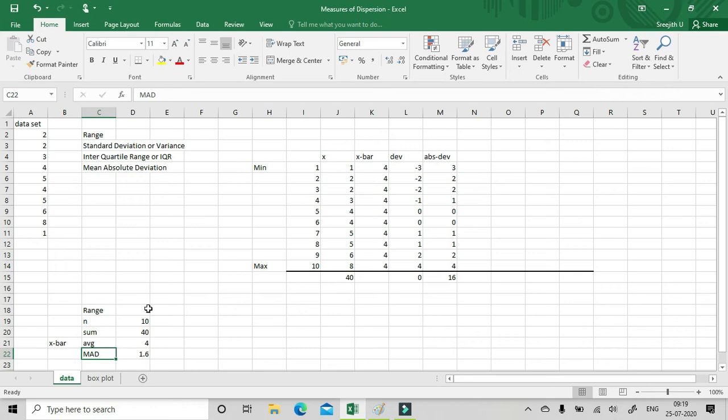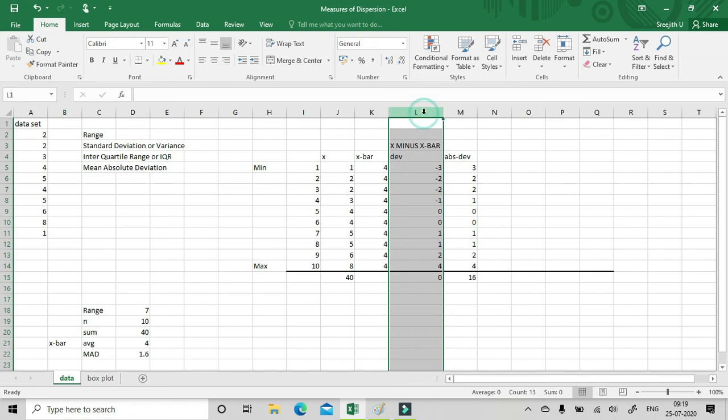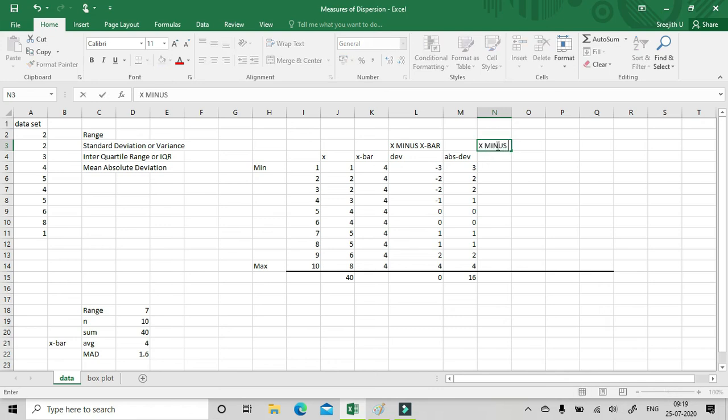So let's look at what standard deviation is. Earlier, what was deviation? Deviation was basically x minus x bar. So let's now look at x minus x bar squared.